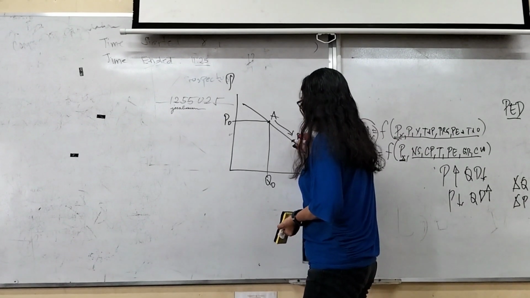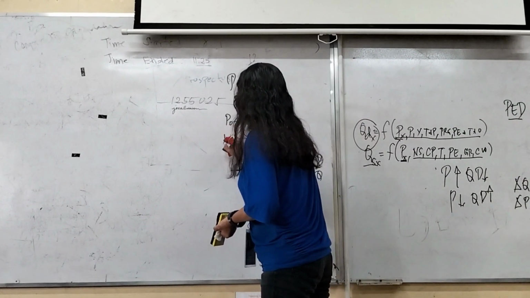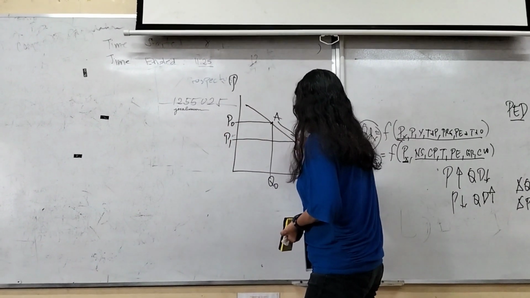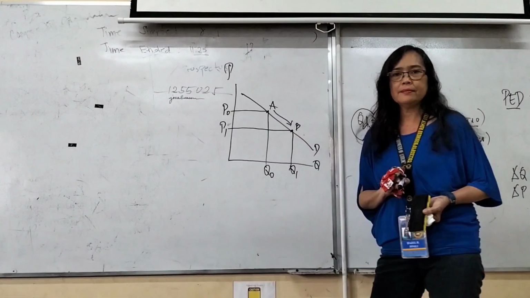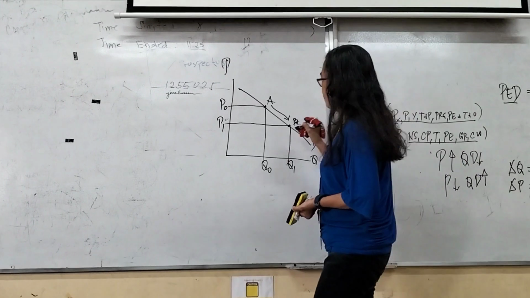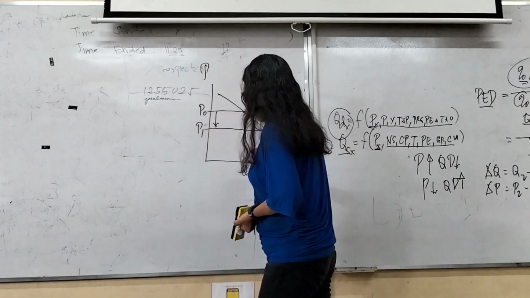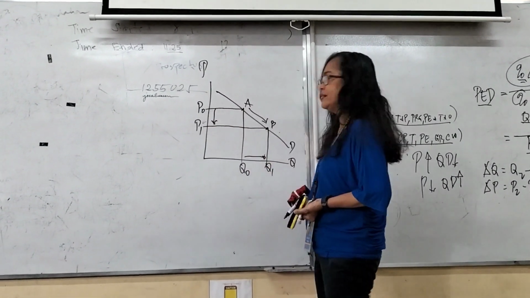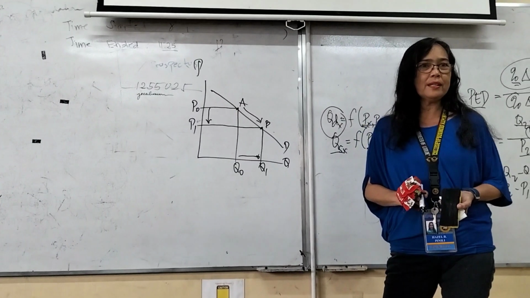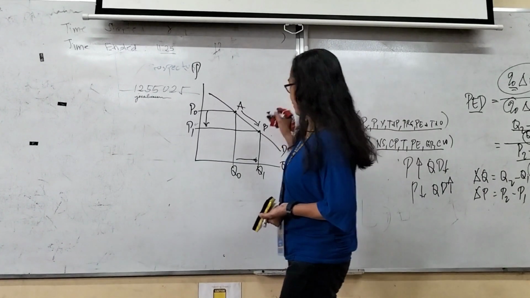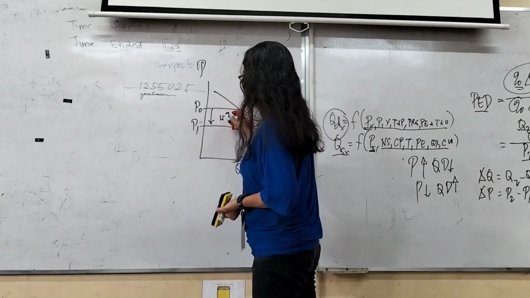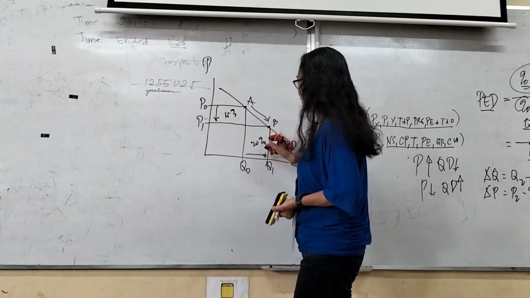So this is now our new price, and this is our new quantity. So there is a decrease in price that leads to an increase in the quantity demanded of the product. Shall we say this is 15% and this is 20%?